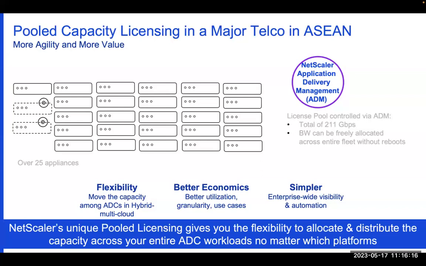And being a telco, they do require flexibility in shifting and maneuvering where the capacity is required to meet the demands. So this frees up the restriction presented by fixed capacity licensing. This is one large benefit, I would say, for customers with pool licensing.